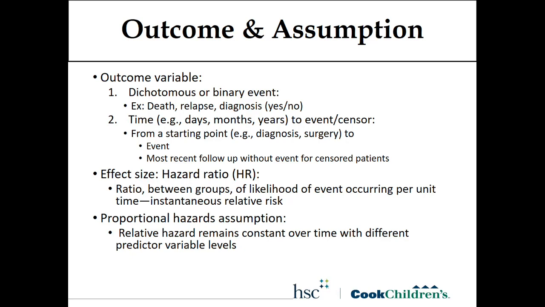The ratio is the same, not the likelihood, just the ratio of those two likelihoods. And so I'll get into what that really looks like in a moment. The proportional hazards assumption is that the relative hazards remain constant over time between different predictor variables. So yet again, another kind of difficult thing to just read that sentence and say, okay, I get it. It's something that takes time to wrap your mind around.